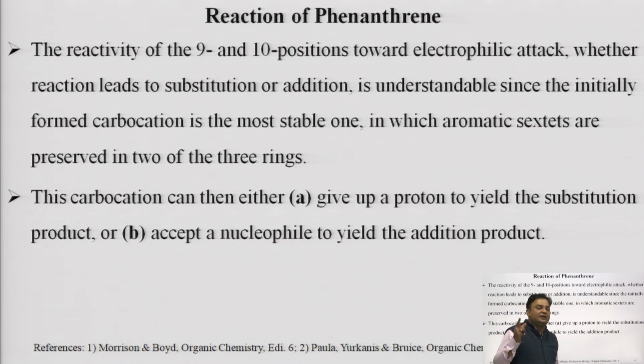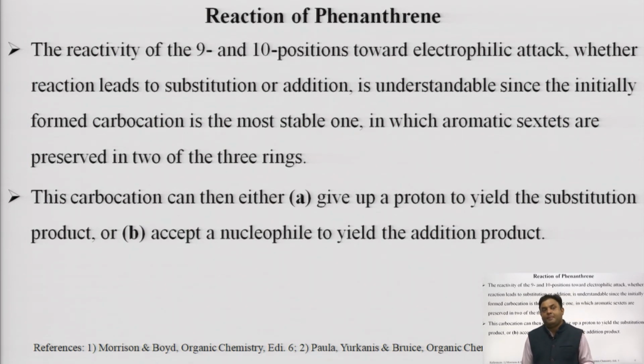In the first, generation of electrophile; in the second, generation of carbocation; in the third, removal of the proton. After the third step we get our substituted products. So the reactivity of the 9 and 10 positions is understandable since the initially formed carbocation is the most stable one, in which aromatic sextets are preserved in 2 rings out of 3.